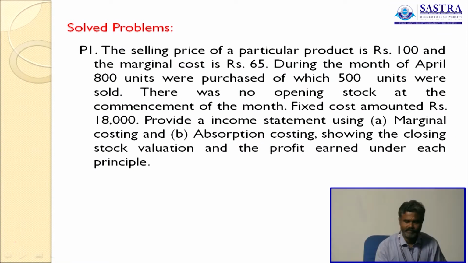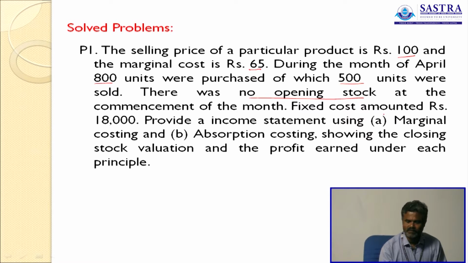Problem 1. The selling price of a particular product is 100 and the marginal cost is 65. During the month of April, 800 units were produced, of which 500 units were sold. There was no opening stock at the commencement of the month.